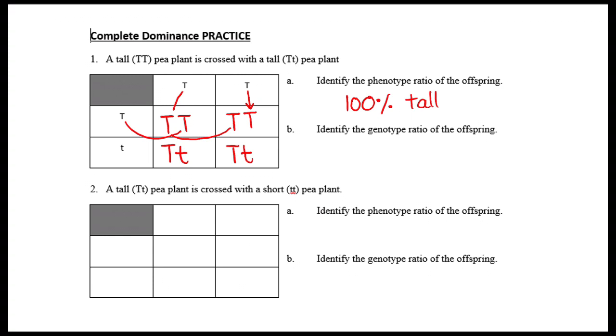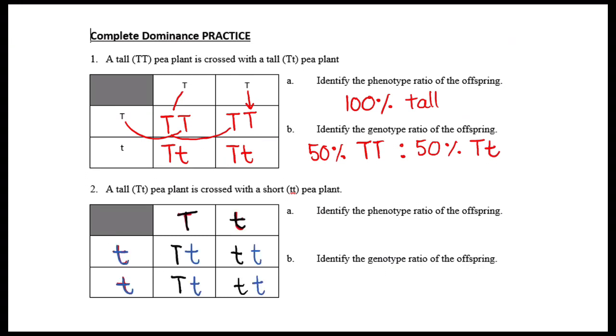And then the genotype is 50% homozygous, capital T, so the dominant, to 50% heterozygous, so capital T, little t. So again, 100% of these are showing the tall phenotype because the dominant capital T is present in all of these. Okay, I'm just going to quickly fill in the second example and then we'll go through it together.